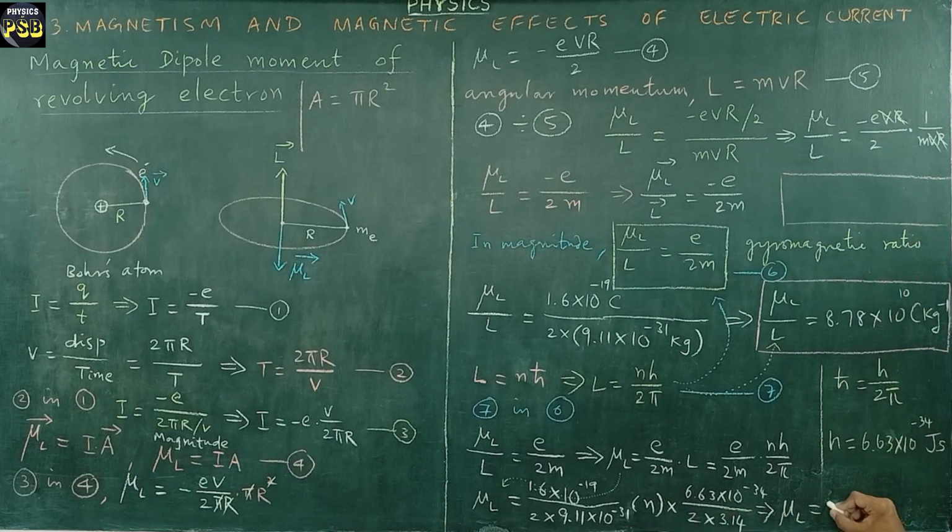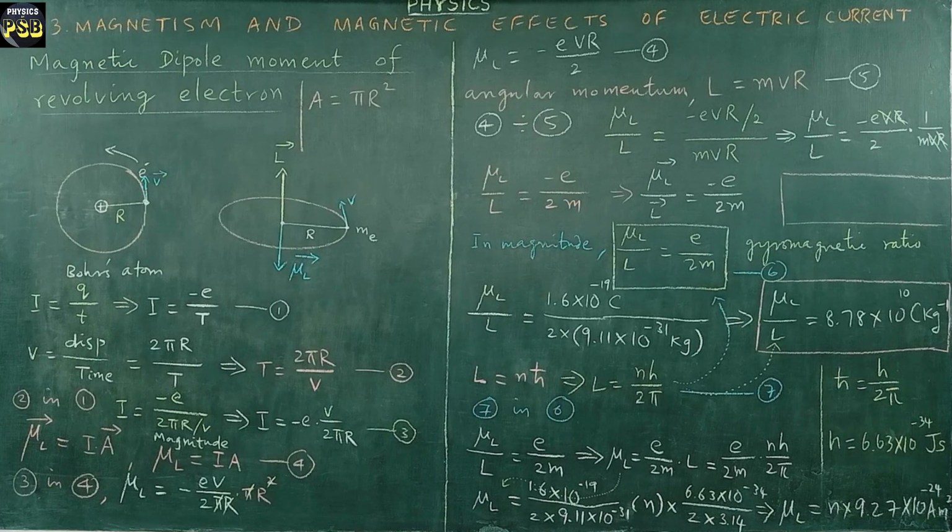We have n written as such, and the remaining terms on multiplication are obtained to be equal to 9.27 × 10^-24 ampere meter square.